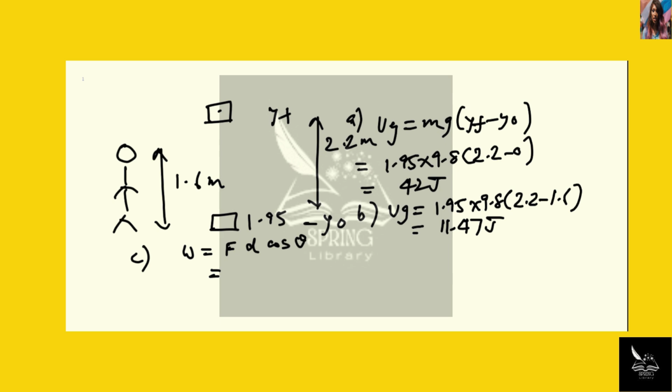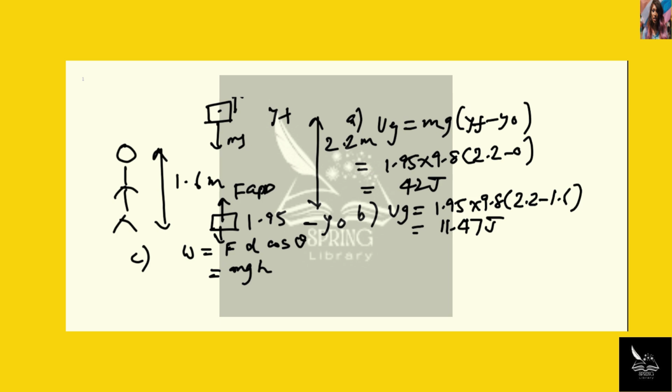As the person lifts the book from the ground level to this level, the force acting here is mg, and the applied force, which is in the upward direction, F applied, I'll call it, is equal to mg. So it is mg, the distance moved is h, and the angle between the F applied and the displacement is 0, and cos 0 is 1. Therefore, it gives you basically mgh, which gives you this formula.